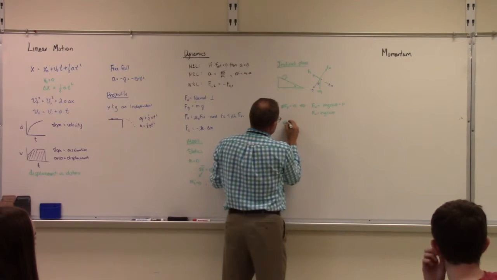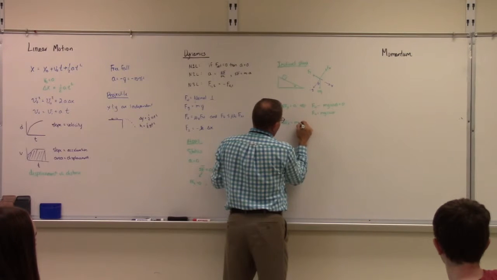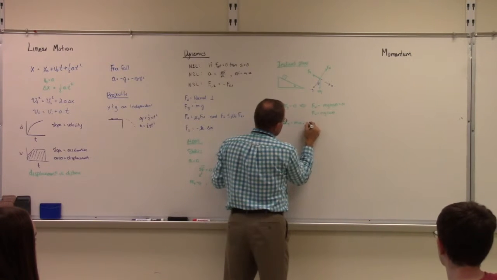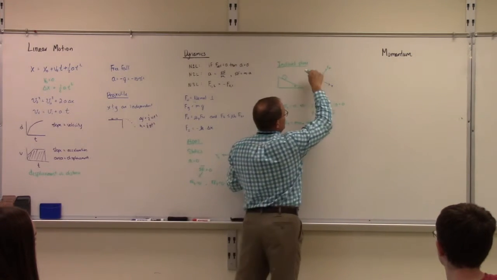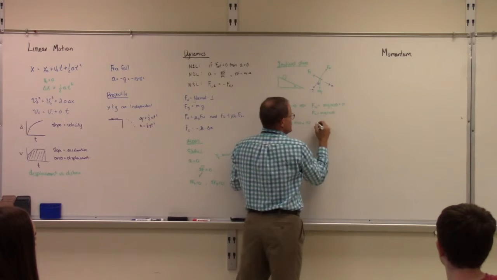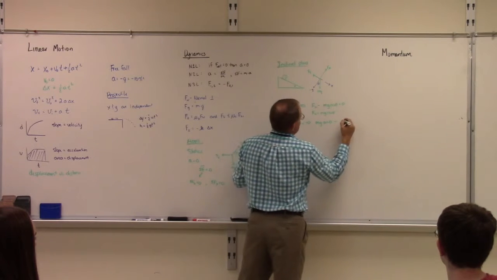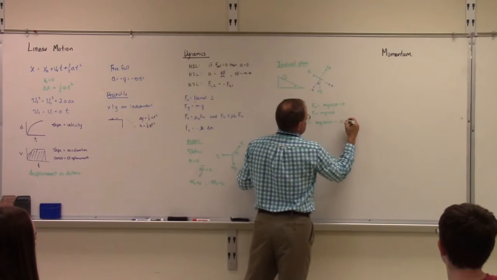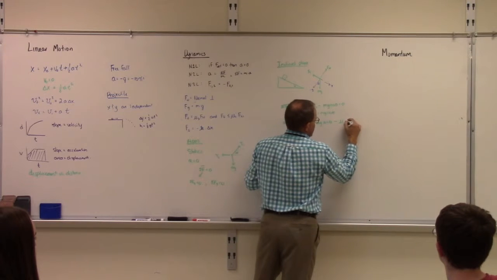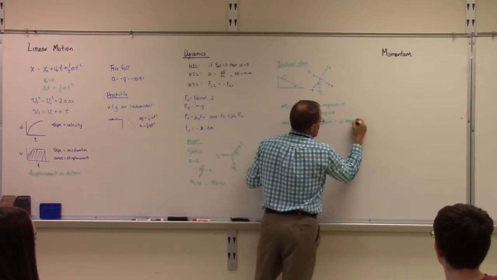If we add the forces in the x direction, we get the mass times the acceleration in the x direction. That gives us the equation, the force in the x direction is mg sine theta minus the friction force, which is mu times the normal force, which is mg cosine theta.